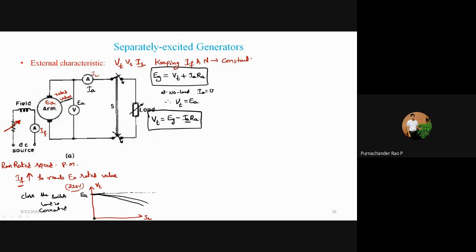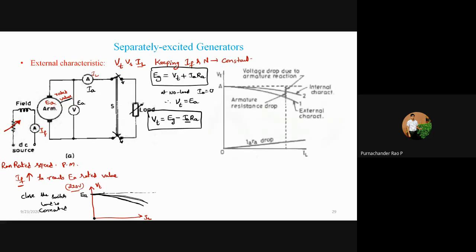There is a decrease in voltage from the no load value because the IaRa drop will be there, and this drop reduces your terminal voltage. So this is your characteristic; like this your voltage gets reduced.